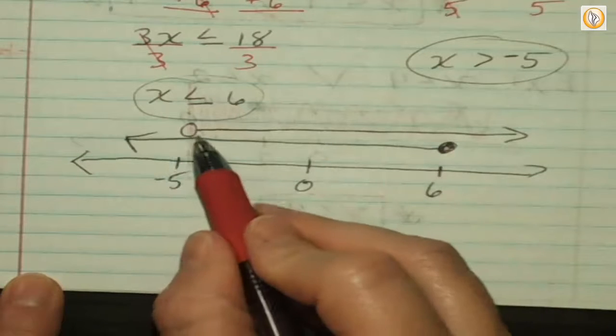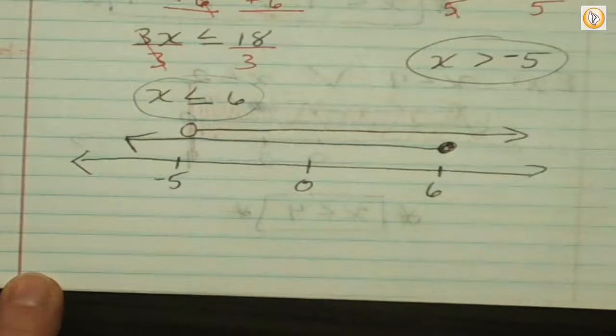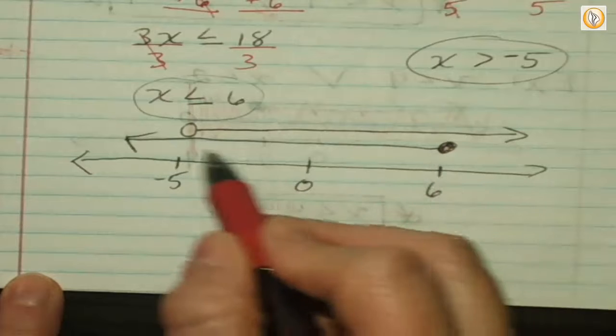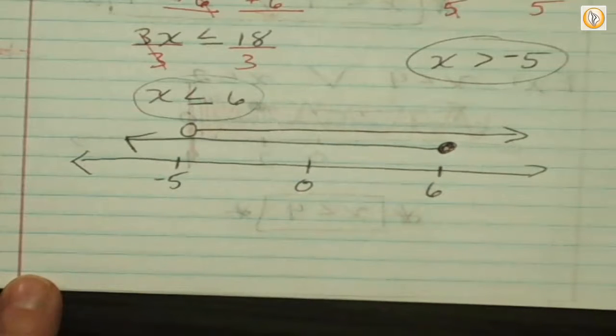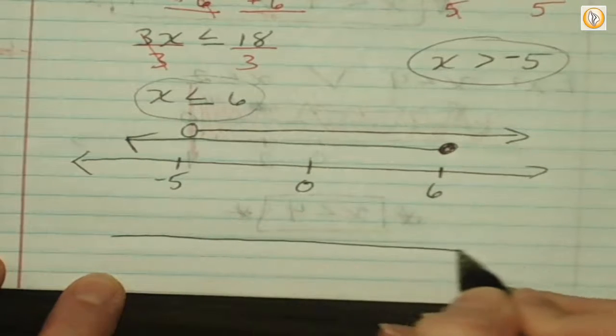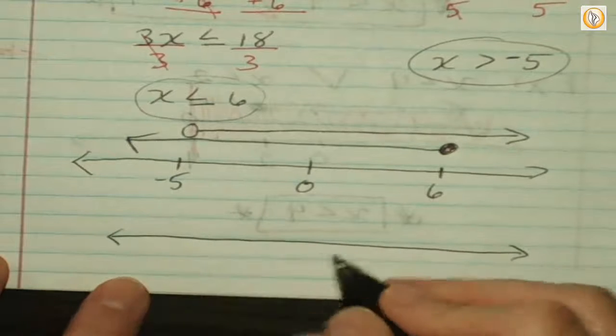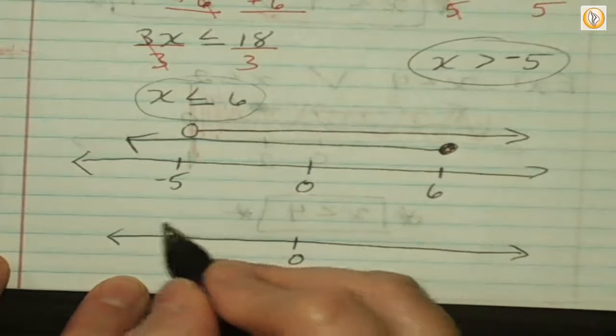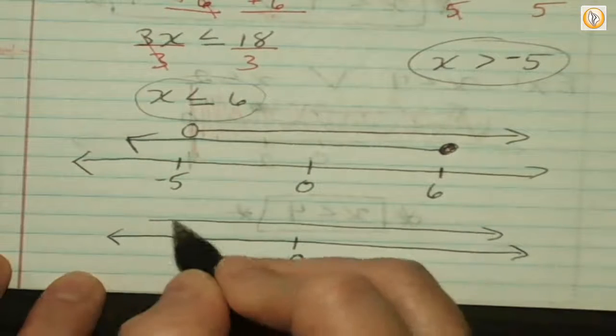Well, like Matthew said, we have it going on and on forever this way. We have it going on and on forever that way. So, Matthew, you're on the right track. Basically, boys and girls, it covers the whole number line.